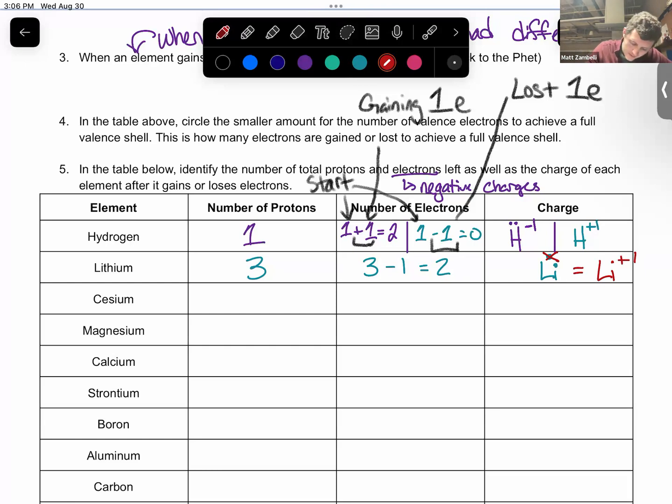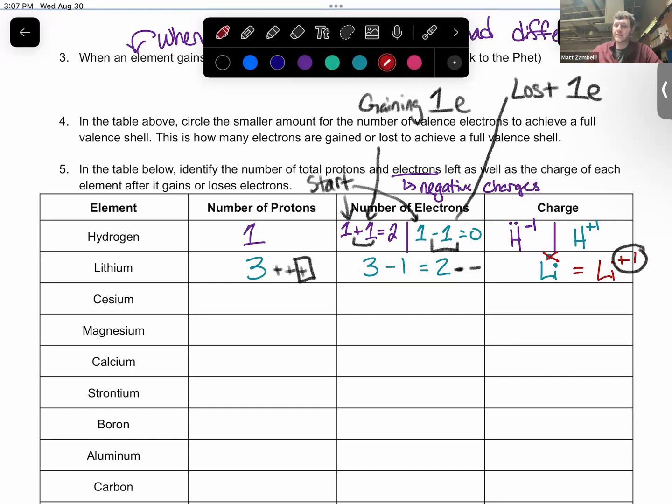Because remember, lithium has 3 positive charges, and now it only has 2 negative charges. And so we have an extra positive charge that isn't being used up, which is where this extra positive charge comes from.